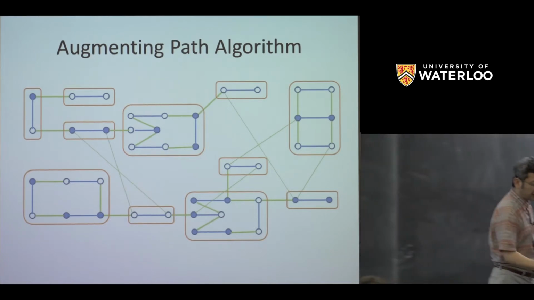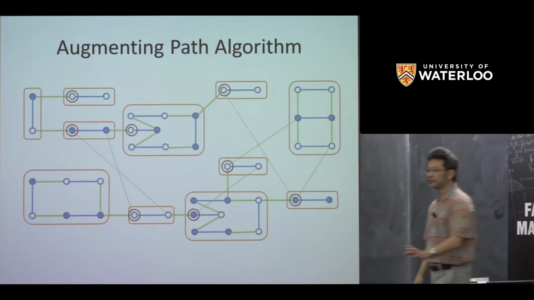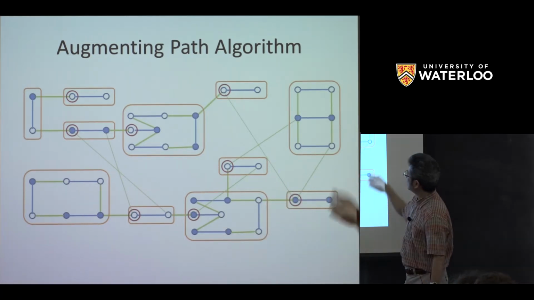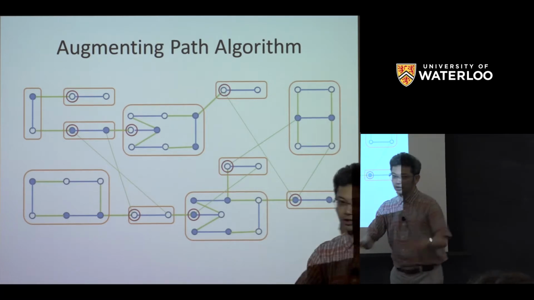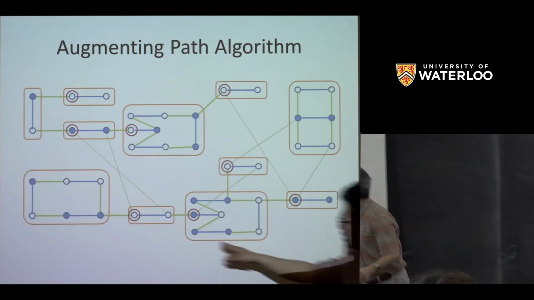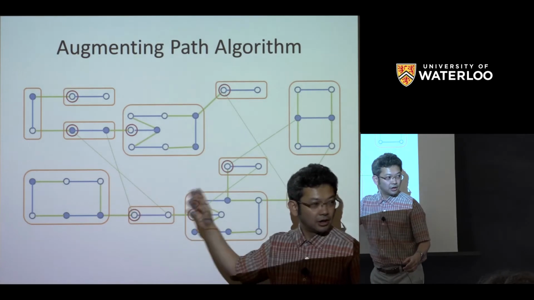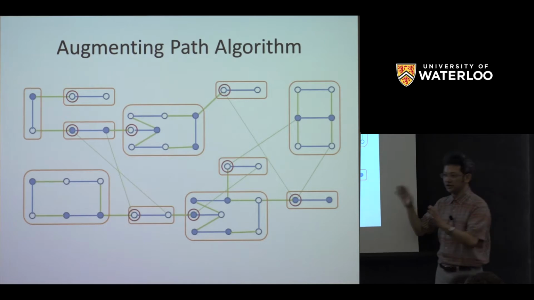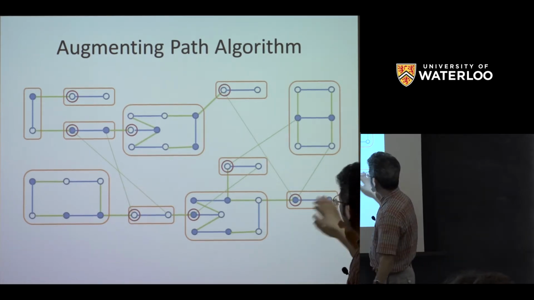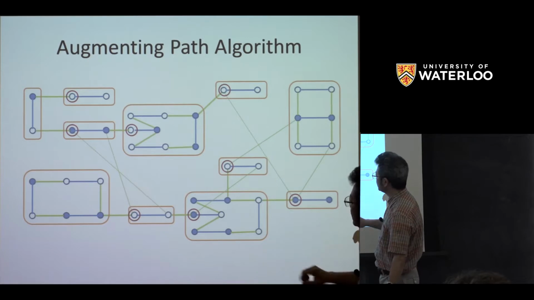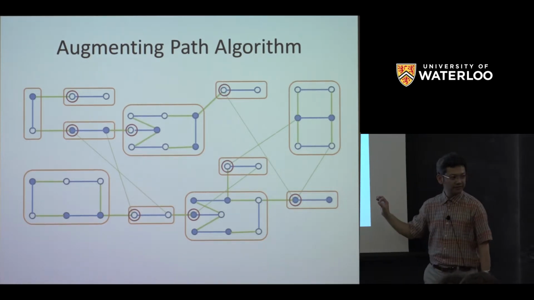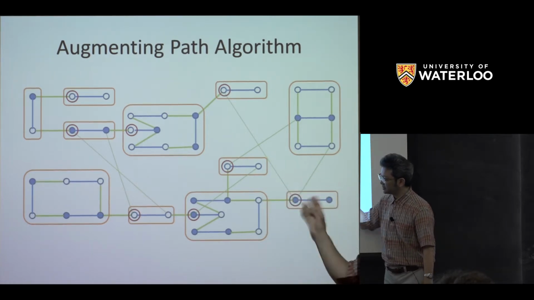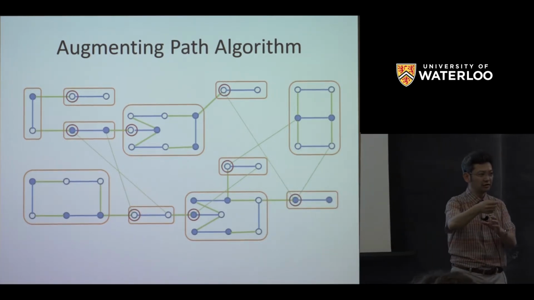Now, if you look at that, then we will observe that each of these orange components corresponds to either a blossom or a line or the area that we didn't search at all, that we didn't reach in the search, okay? Now, in these blossoms and lines, we have at most one vertex that is incident to an edge that goes outside, okay.